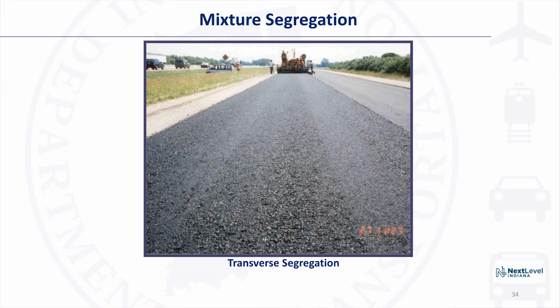So kind of in the middle of this presentation, I want to take a quick detour on mixture segregation because we're at the paver, we're at the laydown spot, and this is what we're trying to avoid because those plate samples that are taken here represent a lot of money. So it's important to try to avoid that segregation as much as we can.